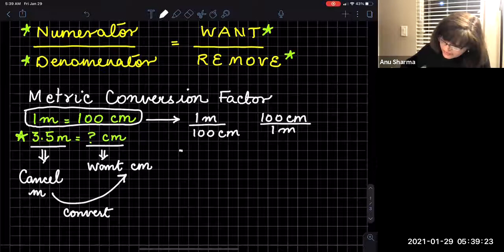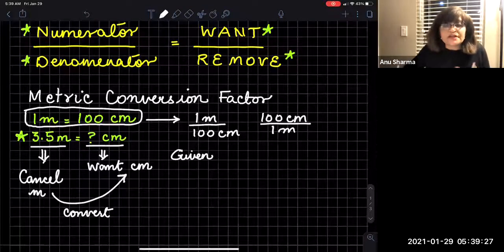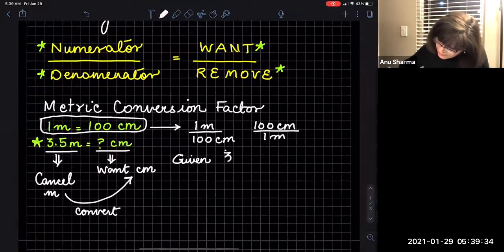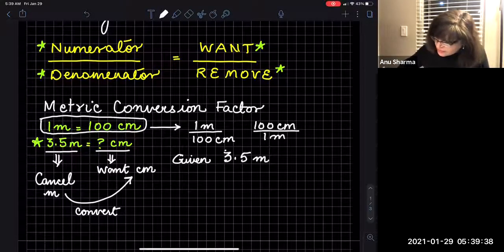Now you write down your given. The given is the entity that is given to you in the question, the one that you want to convert. So you are given 3.5 meters, and you need to find out how many centimeters that is.